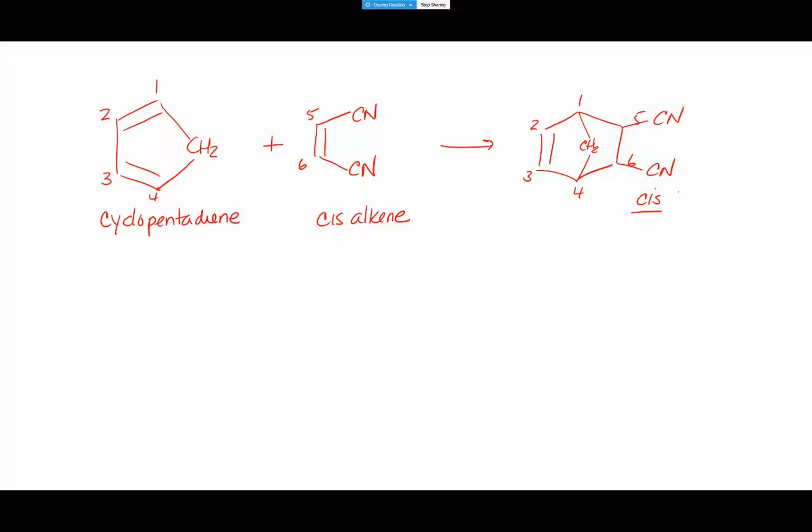Now, this is a bicyclic compound that we talked about in first semester. So if I'm looking at this from the top now, if I wanted to look at it from the side, it's going to look like this.